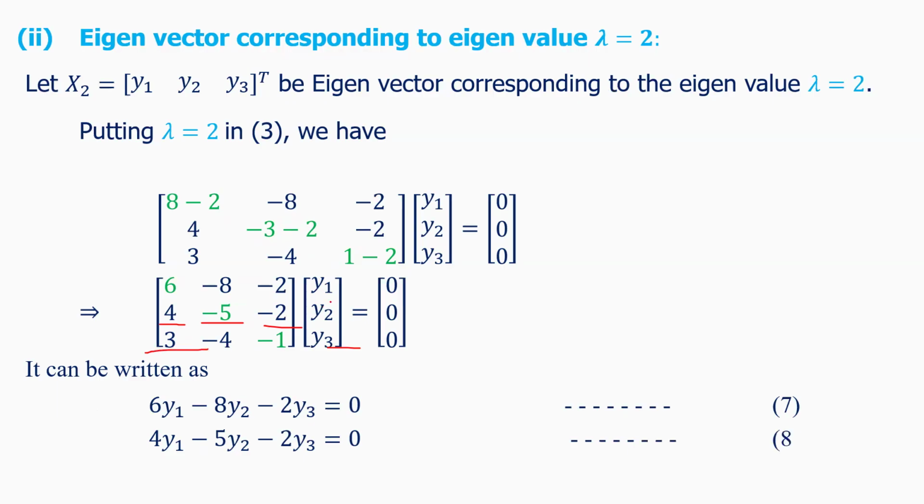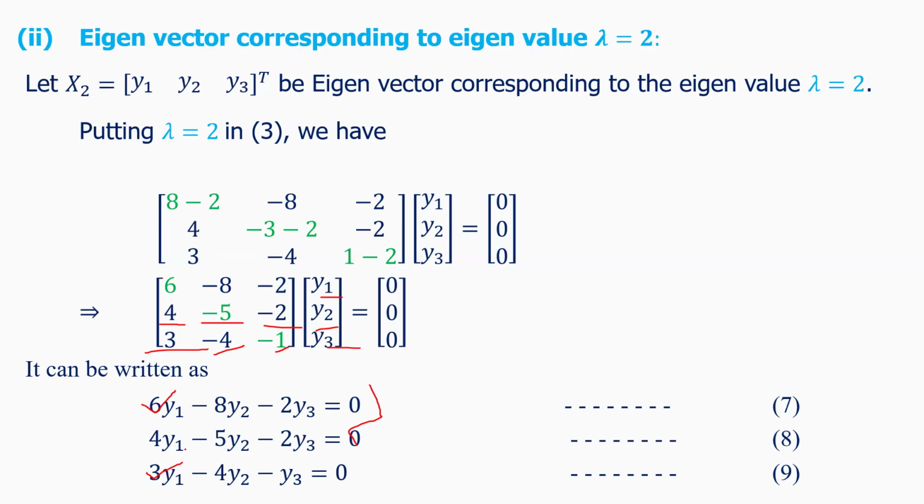And the third equation is 3y1 minus 4y2 minus y3. Now again, we have already seen that this is a system of homogeneous equations, and here we always get a non-trivial solution.